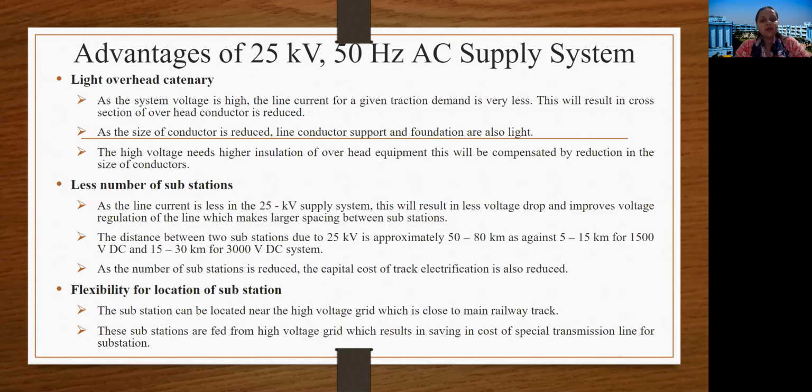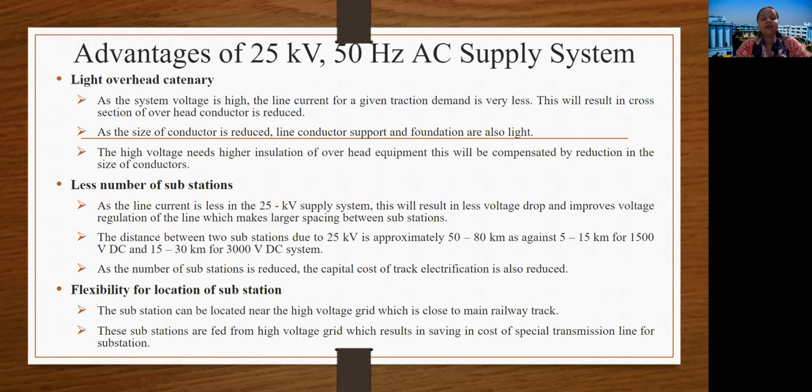The distance between two substations due to 25 kilovolt is approximately 50 to 80 kilometer, as against 5 to 15 kilometer for 1500 volt DC and 15 to 30 kilometer for 3000 volt DC system. So if we were using 1500 volt DC system, we have to establish substations within 5 to 15 kilometers, or in case of 3000 volt DC system, within 15 to 30 kilometers.